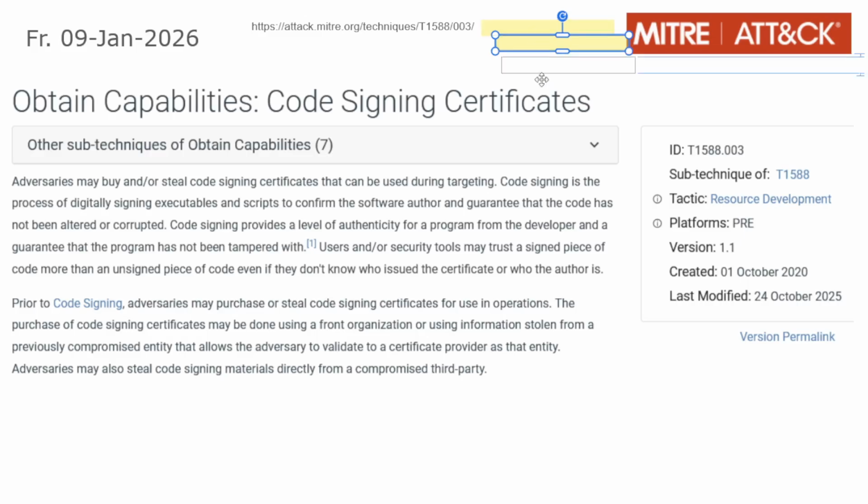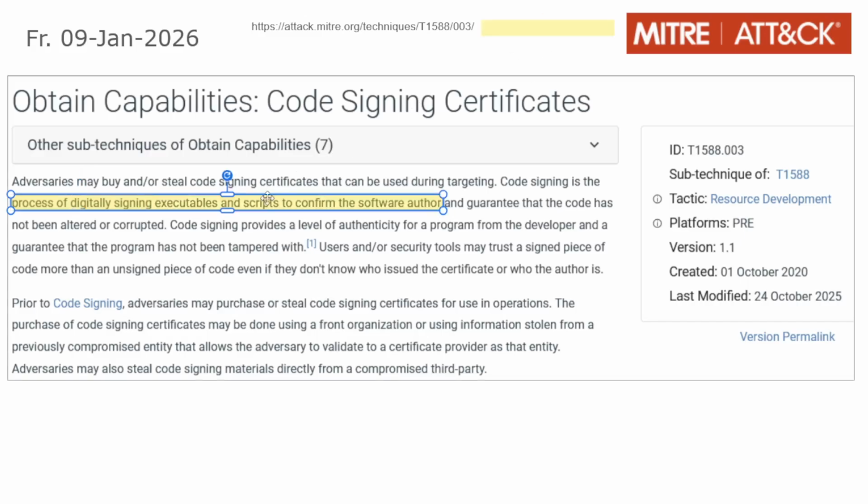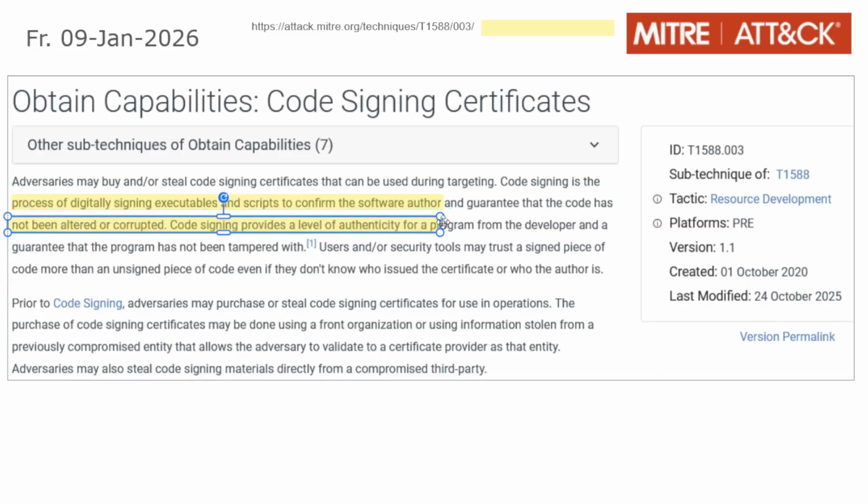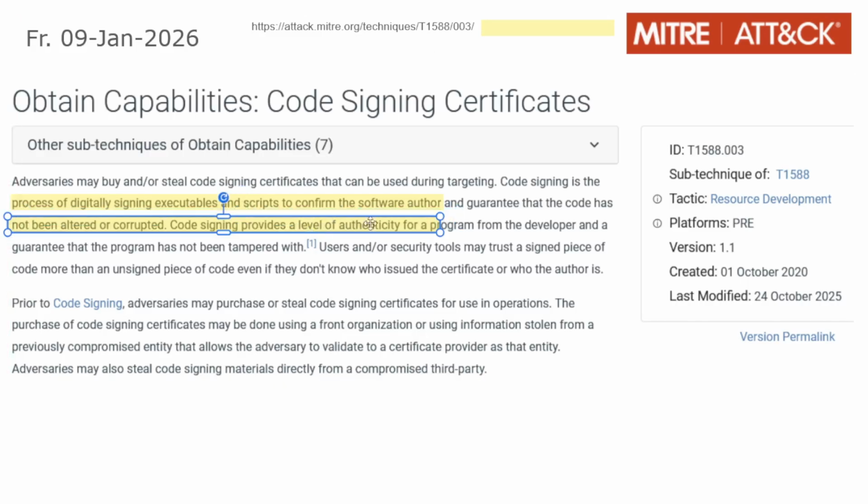This is a technique for the software developers out there, but also for the administrators who are obtaining software to confirm the author and that it has not been tampered with. That's pretty much what it is. Sorry for the mouse movement here. It's sometimes difficult. But yeah, what else do we have?